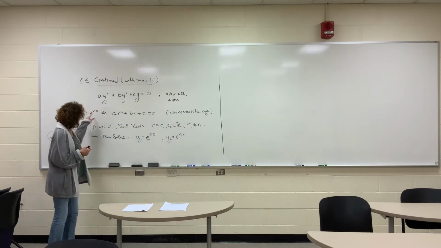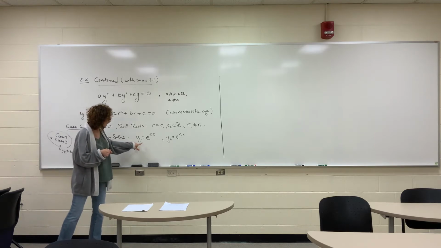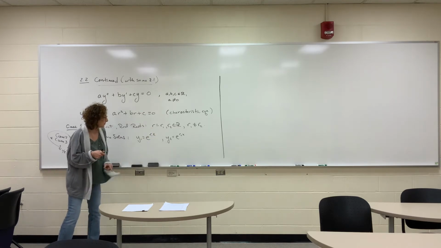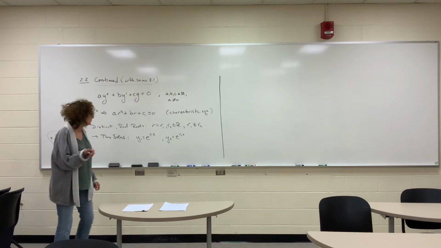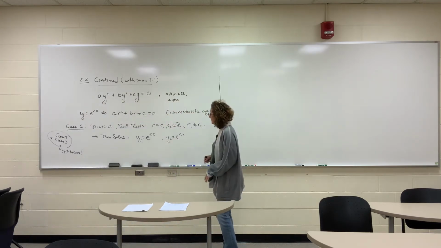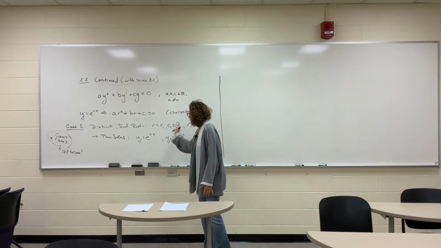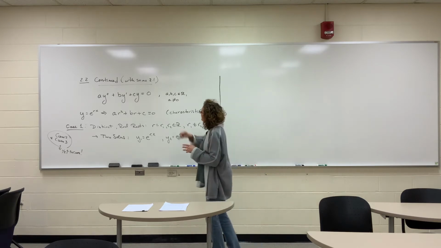And we saw then that this determines for us 2 solutions. One we'll call y1, e to the r1x, one of those roots, and y2 would be e to the r2x, the other root. We did an example last time. There's another example in your book for specific constants a, b, and c, and specific roots r1 and r2. Okay, so now we have this differential equation.